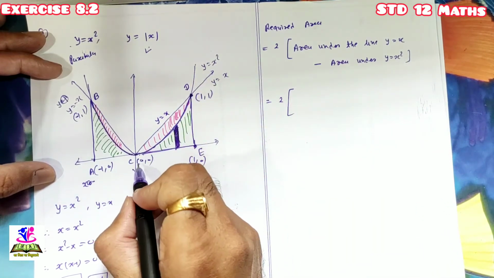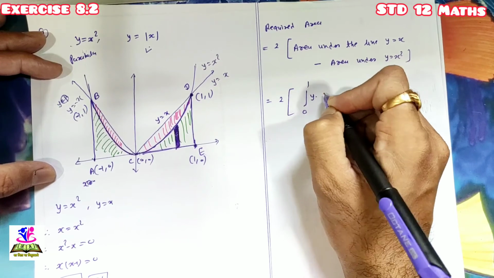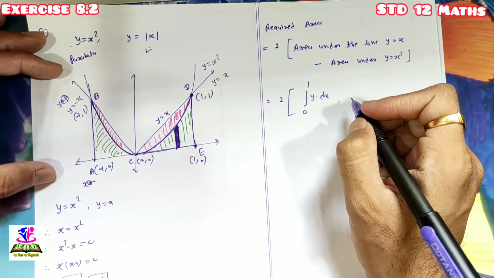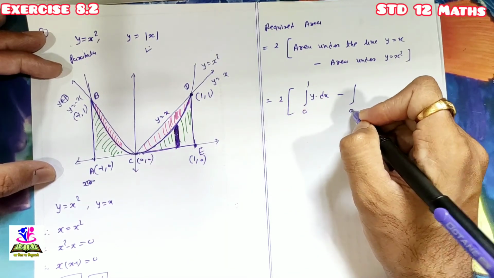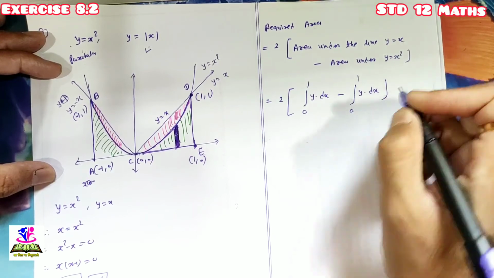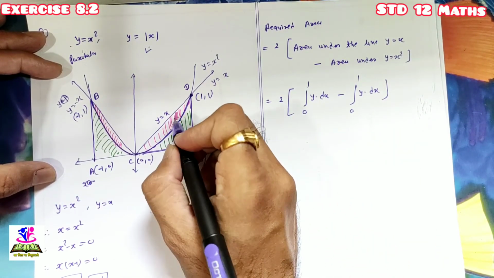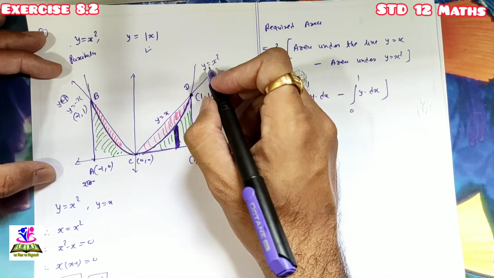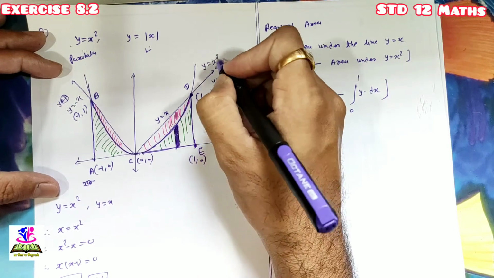So क्या होगा? Limits from 0 to 1, so integration 0 to 1 y dx minus the area under this curve, वो भी क्या होगा? 0 to 1 y dx. Done. लाइन के लिए होगा y equal to x, और ये जो हमारा कर्व है उसके लिए y होगा y equal to x square ही है.